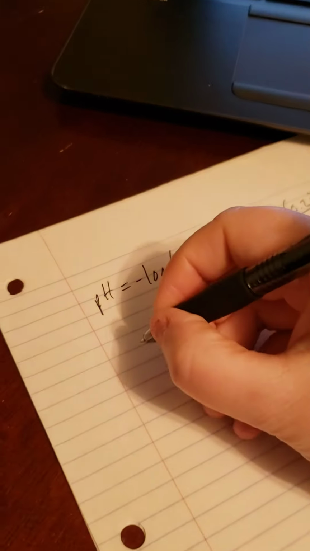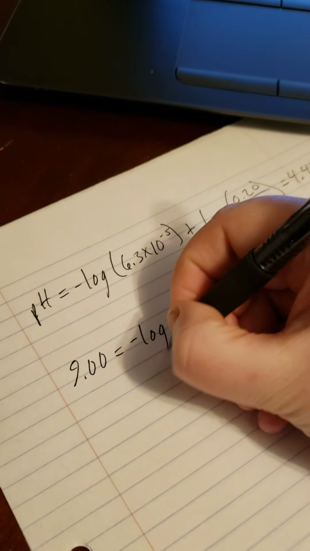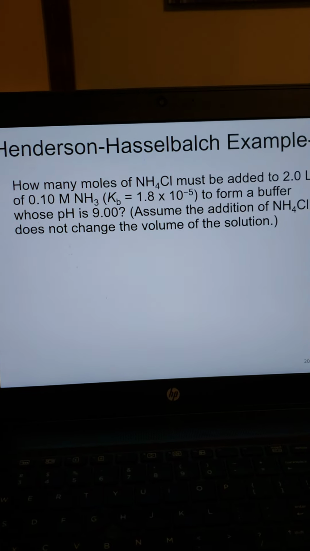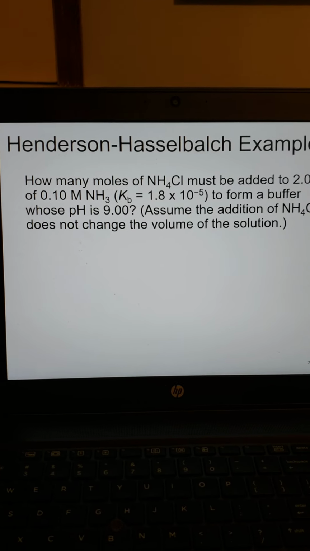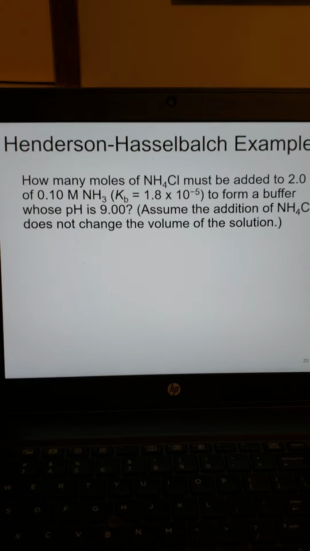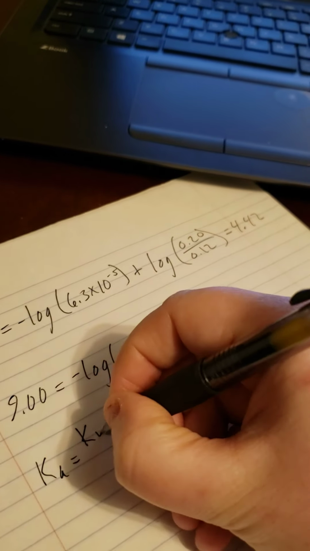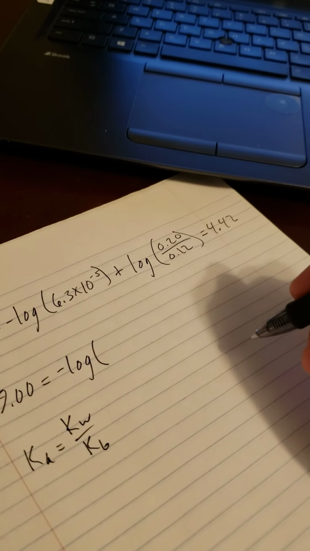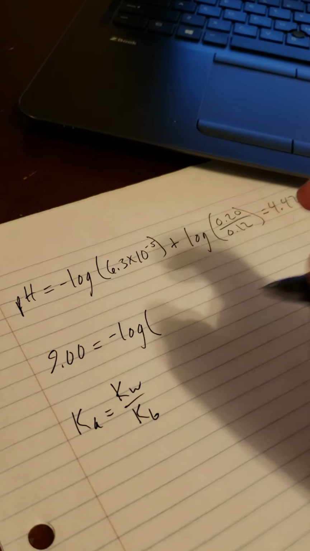So pH equals, so 9 equals the negative log of, we want the negative log of Ka, but what do they give us in the question? They gave us Kb. So we know how to relate Kb to Ka though, right? Because Ka is equal to Kw divided by Kb, and I told you guys, unless you are told otherwise, to assume that Kw is at 25 degrees Celsius, you know what it is, right?